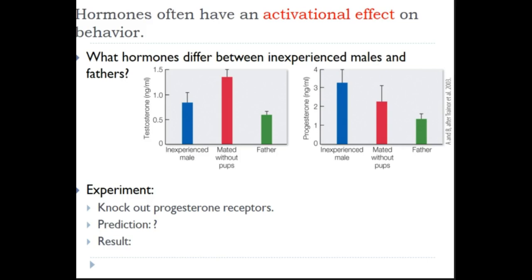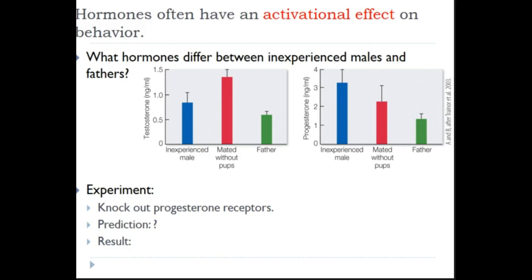So in a knockout experiment where you knock out the receptors, progesterone levels may be super high, but we are making it so the cells, the neurons of these mice, can no longer detect progesterone when it's present. So effectively, we're making everybody kind of like this, right? Because we are removing progesterone from the picture. We're removing the ability of their neurons to detect progesterone, even if it's there.